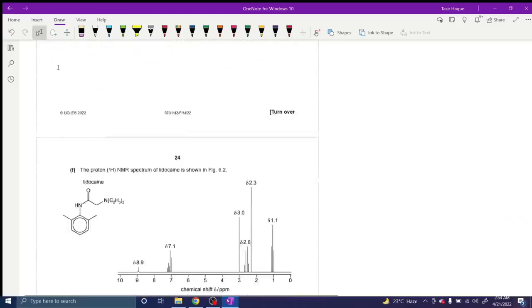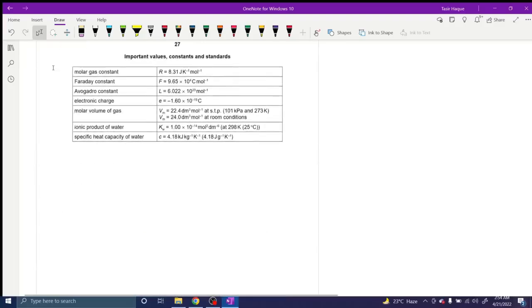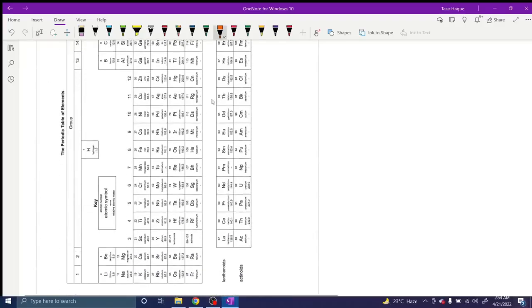Okay, so let's check titanium out. Where is it located? Titanium is here. So it has a configuration of 1s2, 2s2, 2p6, 3s2, 3p6, 4s2, 3d2.